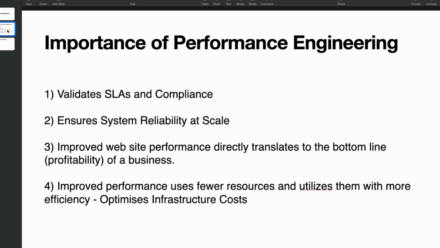Not only that, in today's world, people using your application expect very low response time. Let's talk about response time in a later video, but why are response times important? Let's say you open a website and it takes 5 seconds to load.